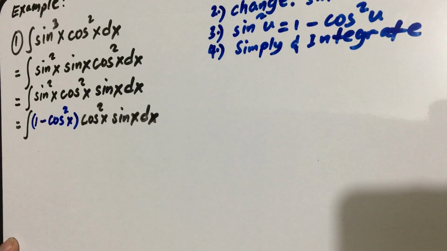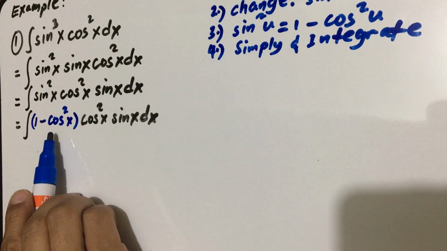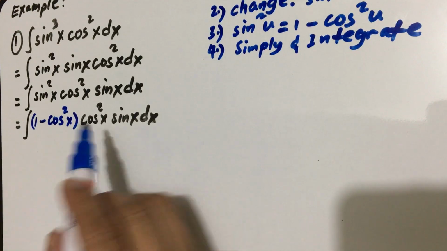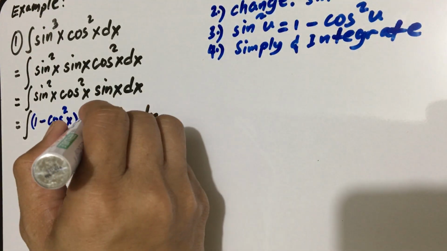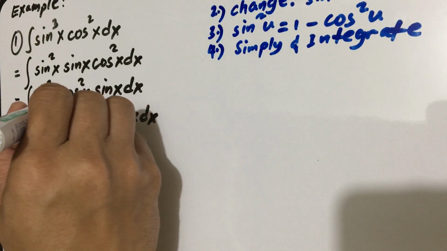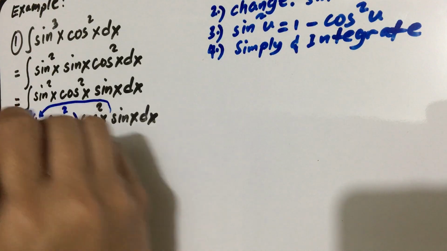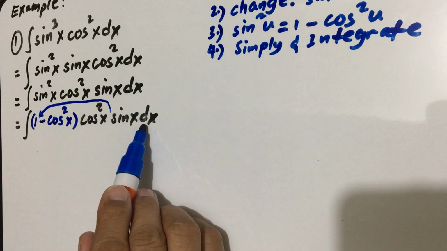Then after that, we have to distribute. Now we have two terms here. We have first term, second term is cosine squared x. Then we have here the multiplier, so we can multiply its term by this cosine squared x sine x dx.